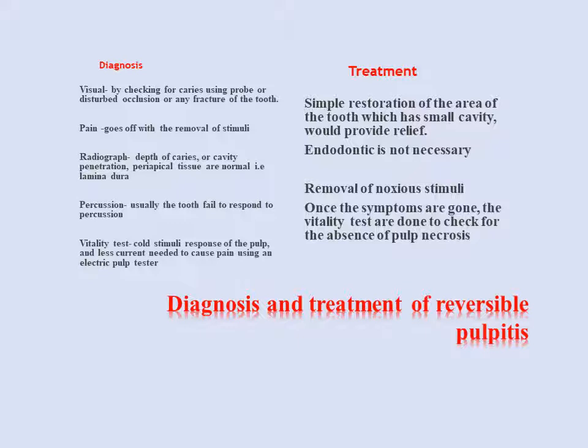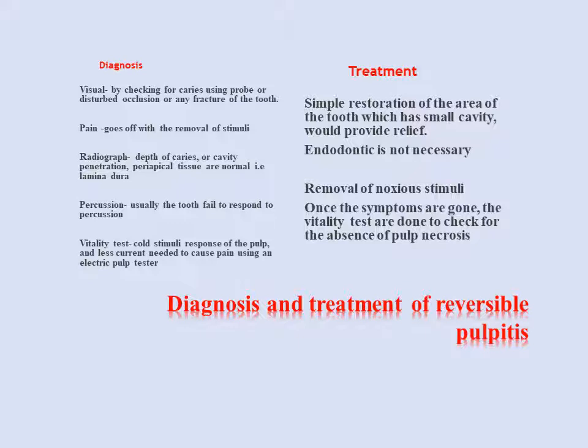Radiographically, we can see the depth of caries or cavity penetration, which is not deep and does not penetrate the pulp chamber. The periapical tissues are normal. There is no dilatation or widening in the lamina dura or periodontal ligament area.